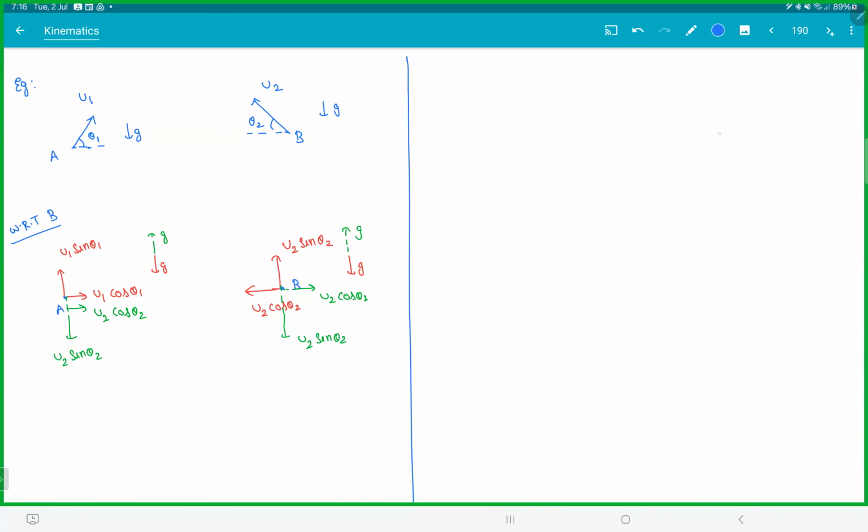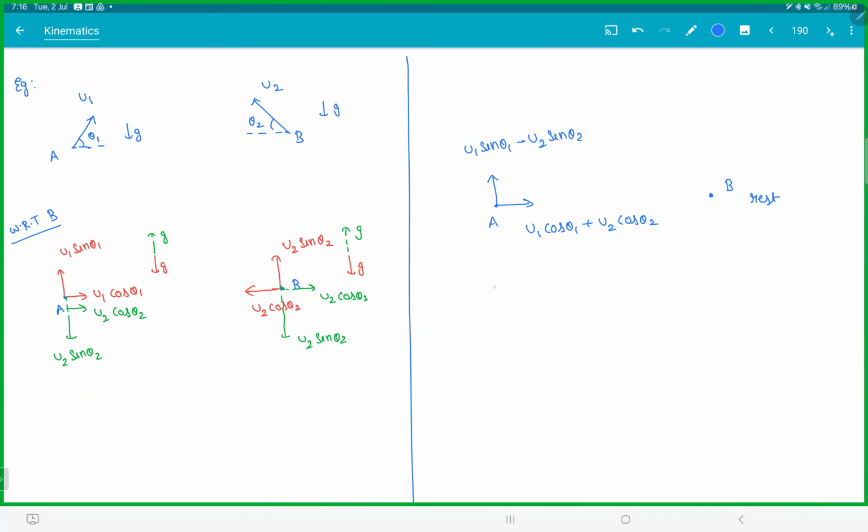And when I do this, this is what happens. B thinks I'm at rest, everything got cancelled, velocity got cancelled, acceleration got cancelled. But now this person A is going upward with u1 sin theta 1 minus u2 sin theta 2, and this thing is u1 cos theta 1 plus u2 cos theta 2.